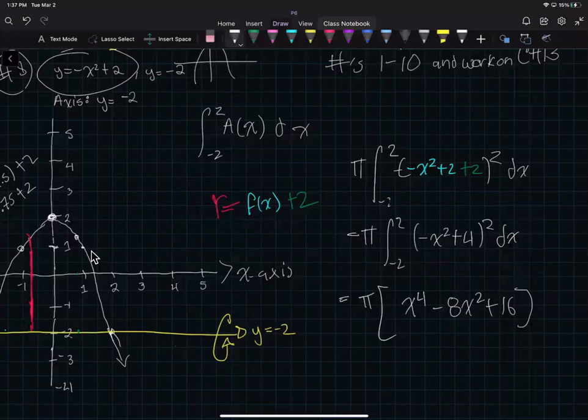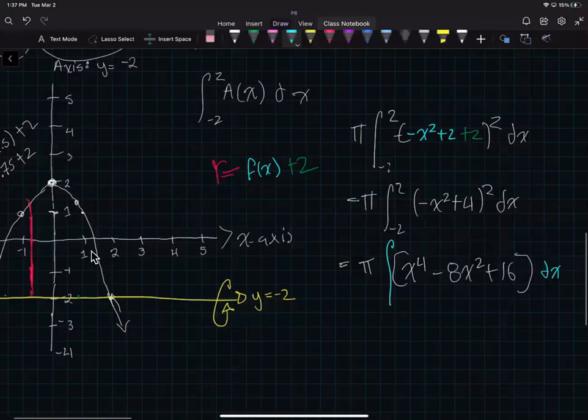Well, let's actually use, and you still have not taken the antiderivative. So let's make this a little bit smaller. You still have the antiderivative and dx. There's going to be pi x to the 5th over 5 minus 8x cubed over 3 plus 16x.